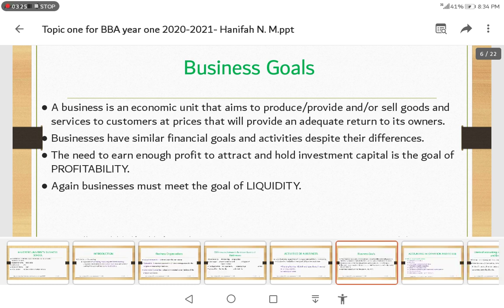Business goals. A business is an economic unit that aims to produce or sell goods and services to customers at prices that will provide an adequate return to its owners. So businesses have similar financial goals and activities despite their differences.